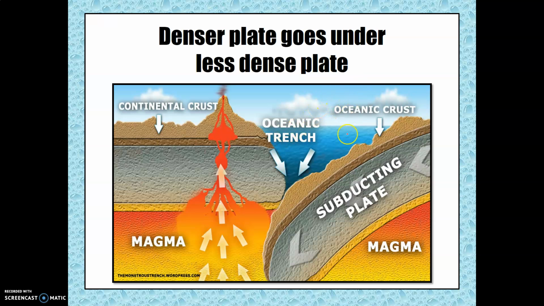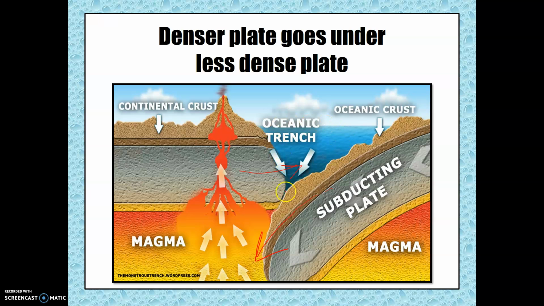When we have tectonic plates that smash into each other and cause earthquakes, the densities kind of decide what type of earthquake we have. If we have one plate that's much more dense, it will end up going down, and the one that's less dense will end up on top.